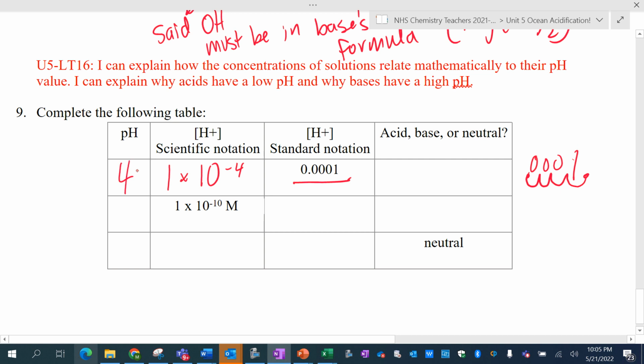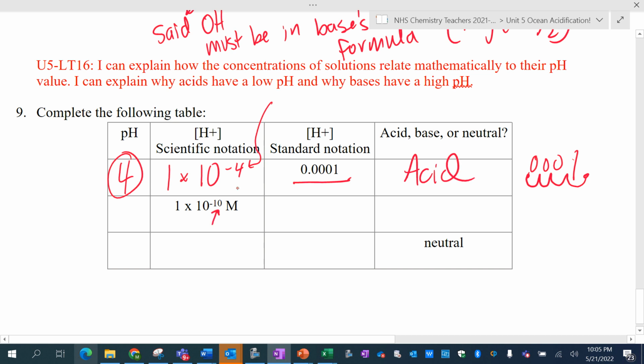This would have a pH of 4 because we learned from our most recent lesson that pH is the same as the positive of the superscript. So since the pH is less than 7, this is an acid.